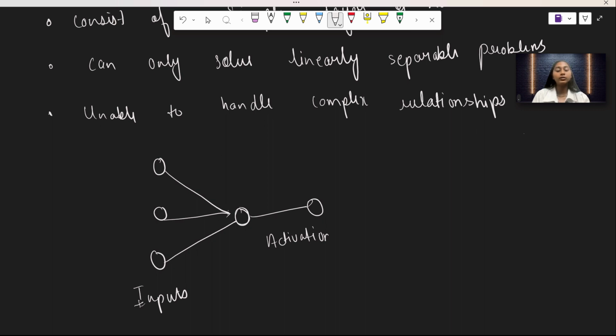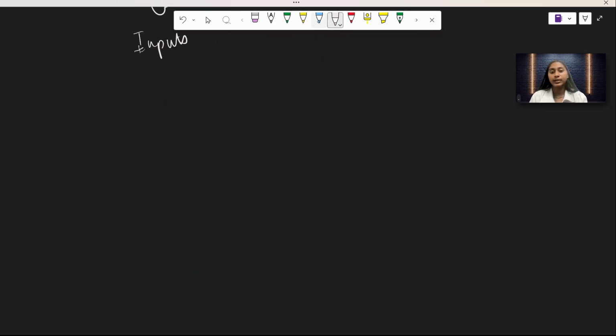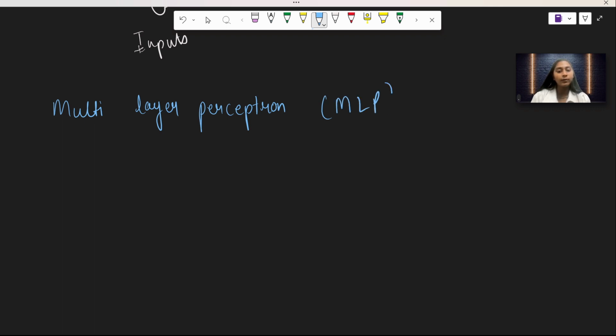We will see next what hidden layers are and why they are important. So, moving to the next topic, the multi-layer perceptron, commonly known as MLP. It is self-explanatory. What is a multi-layer perceptron? It is a combination of multiple perceptrons, right?